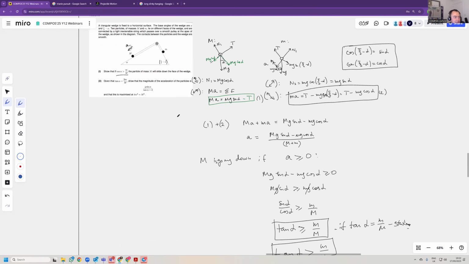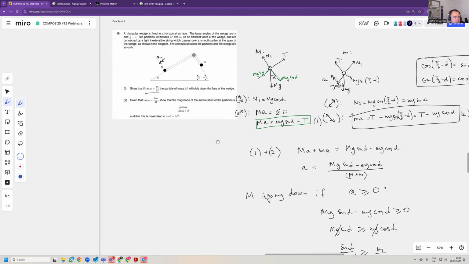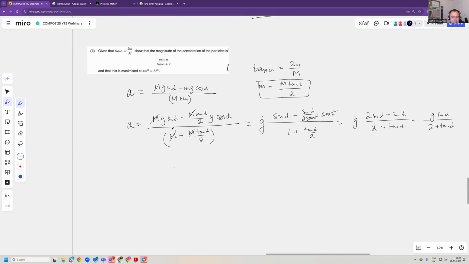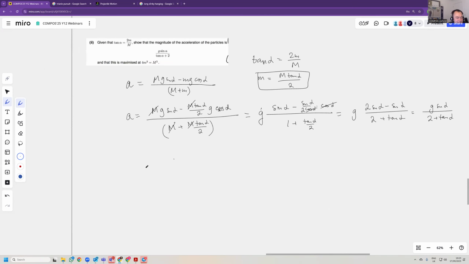Is there a limit? Is there a limitation? Well, I mean, it's quite a silly question, honestly, because if you put the wedge like this, that's when you have maximum acceleration, right? So alpha must be 90 degrees.